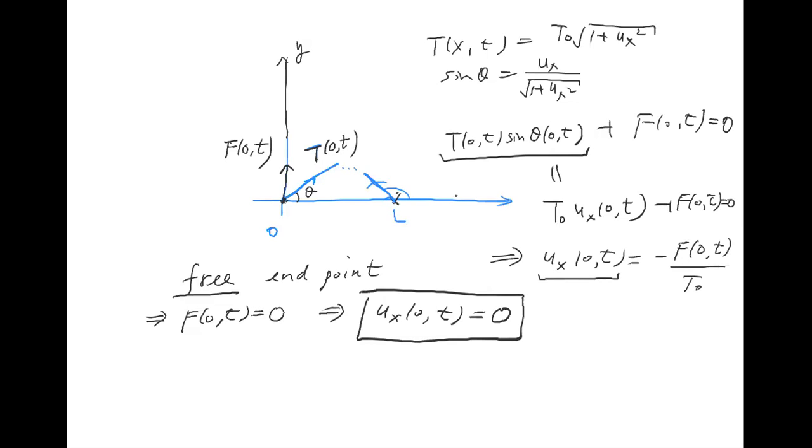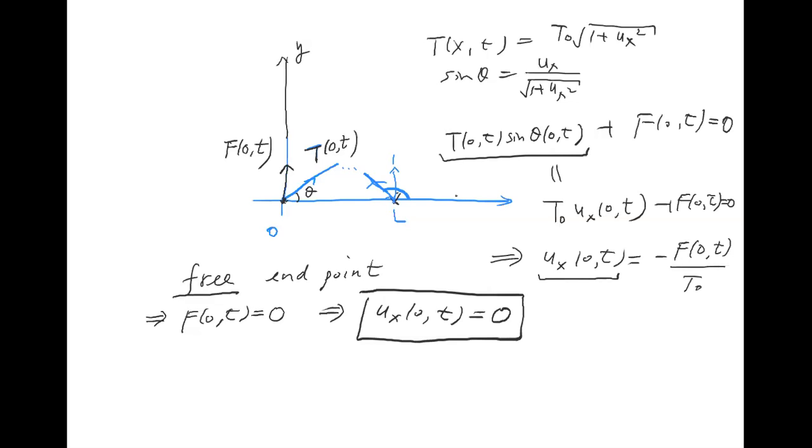The component of the tension in the vertical direction is still T sine theta, but then this sine theta will be related to u sub x with a negative sign. You just work it out here. For example, here this theta will be larger than pi over 2, so u sub x will be negative.